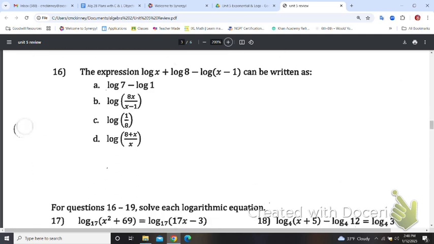And then here's just a multiple choice for the same thing we just did. So I know that this plus means these two are going to multiply. And as soon as I know that, actually, I need 8 times x because they multiply.